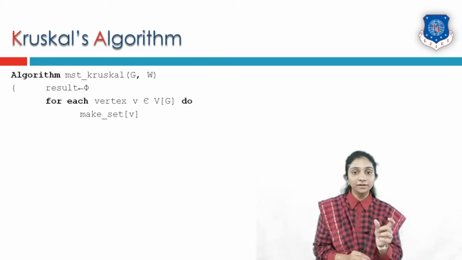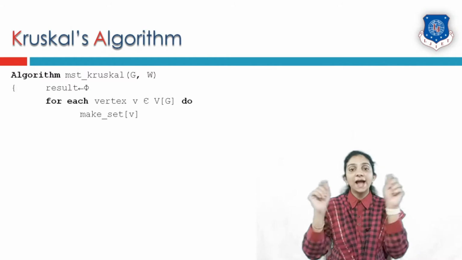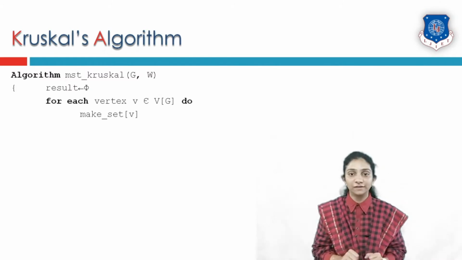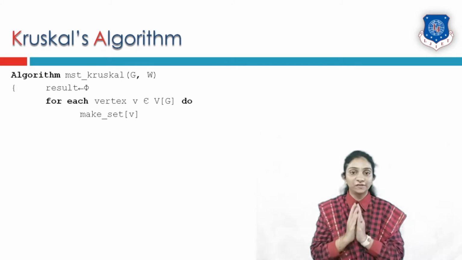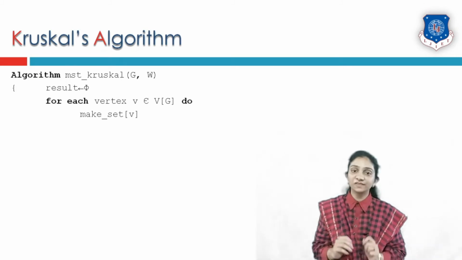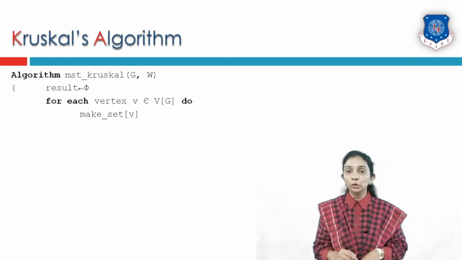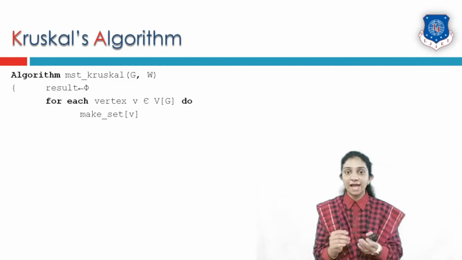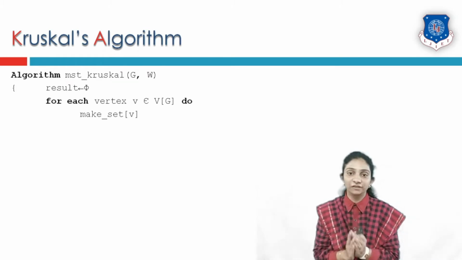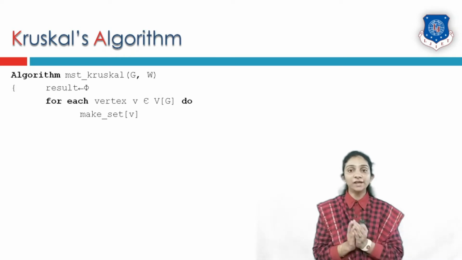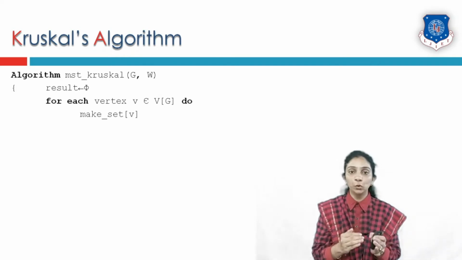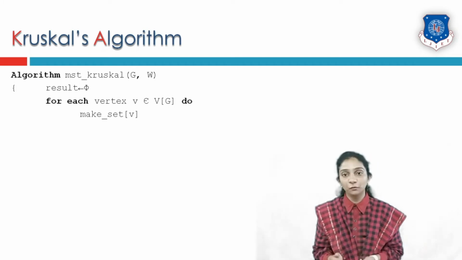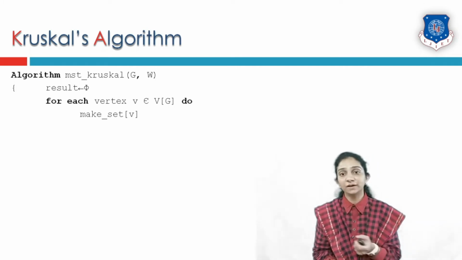We will take another vertex, vertex B, and make a set of that vertex. Likewise, we will make a separate set for vertex C and for vertex D. So this loop is saying that for each vertex V in the vertices of the graph, we have to make a set of V. That is, make a set of the vertex.